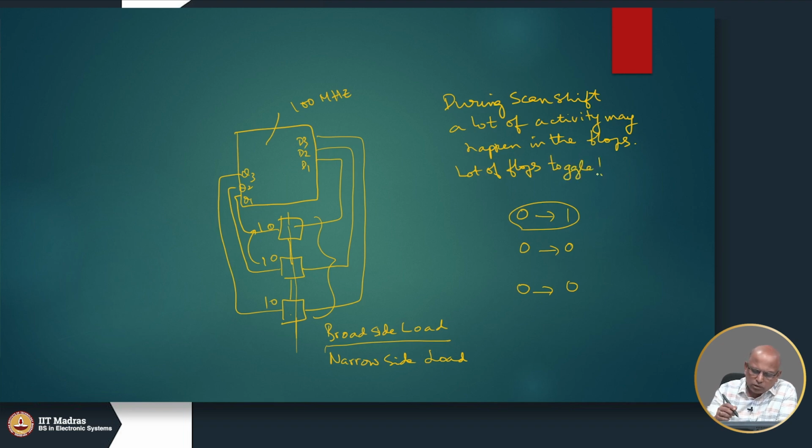And if a lot of flops toggle, a lot of gates will also toggle, causing a lot of power dissipation.